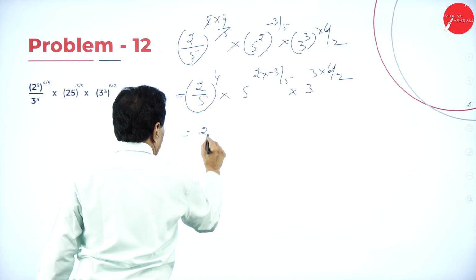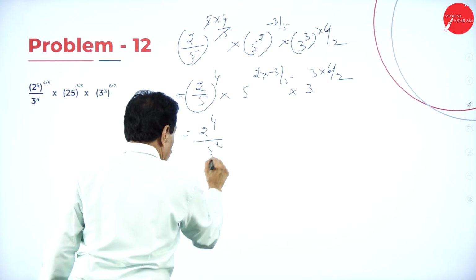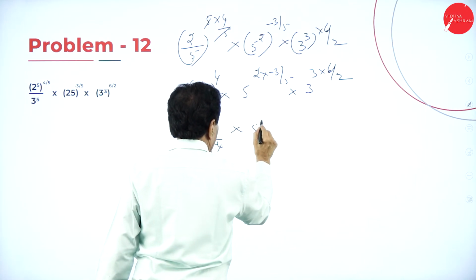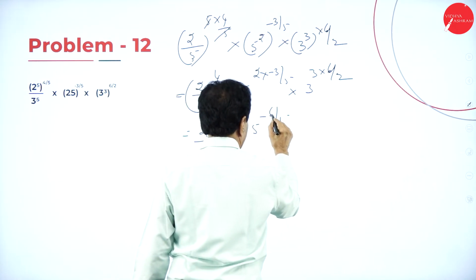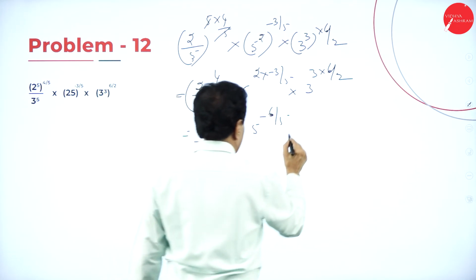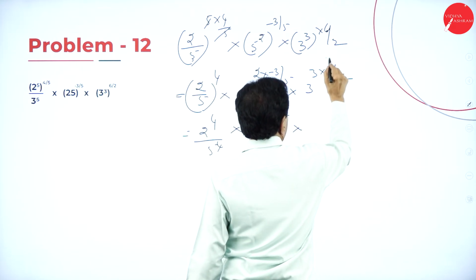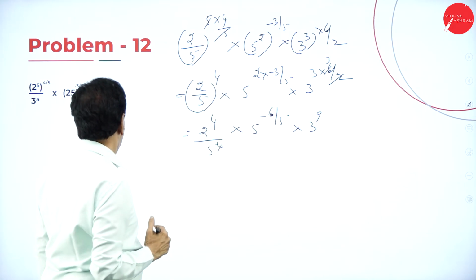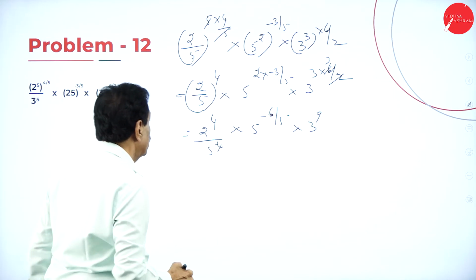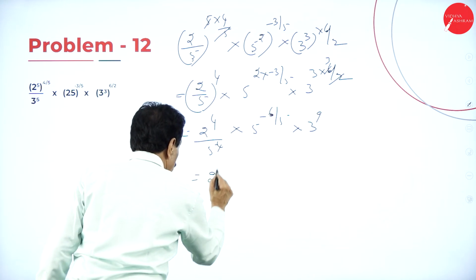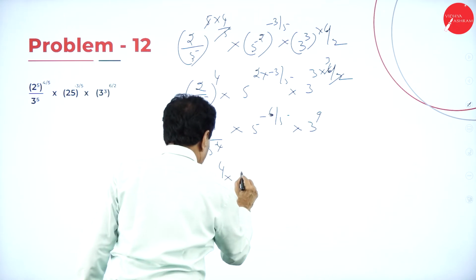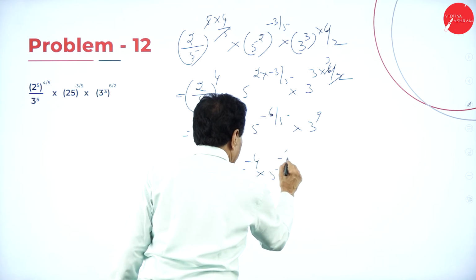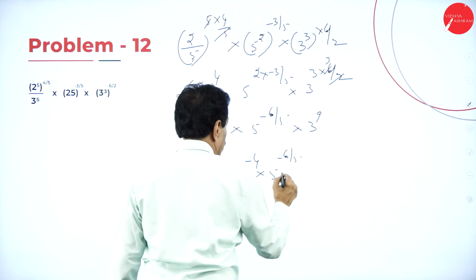This is 2 to the power of 4 divided by 5 to the power of 4 into 5 to the power of minus 6 by 5, into 3 to the power of 9. Take this: 2 to the power of 4, 5 to the power of minus 4, 5 to the power of minus 6 by 5 into 3 to the power of 9.